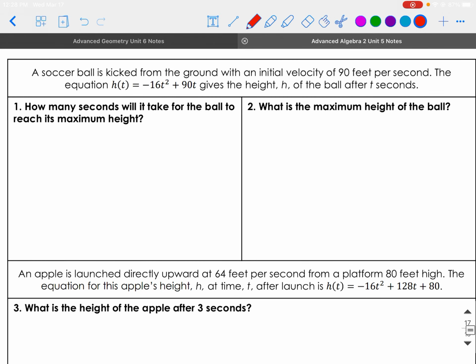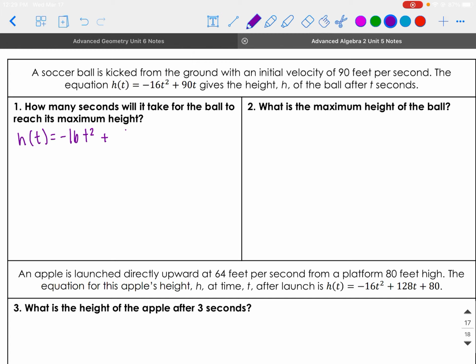So at the very beginning, a soccer ball is kicked from the ground with an initial velocity of 90 feet per second. The equation h of t equals negative 16t squared plus 90t gives the height of the ball after t seconds. So you're always going to have an equation in this form. Negative 16, and instead of using x, it uses t.